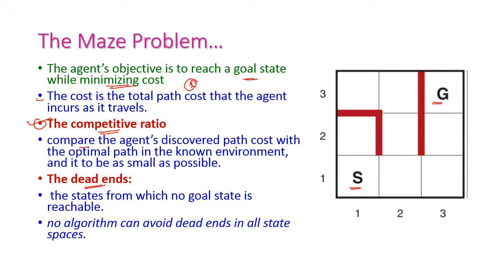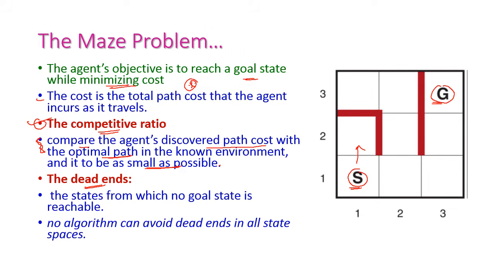Here the agent compares the discovered path with the optimal path in the known environment, and the difference should be very small. First the agent has to discover the route from the starting state to the goal state in the unknown environment.